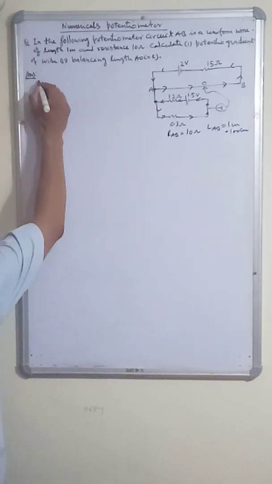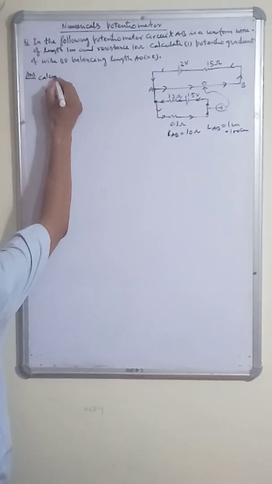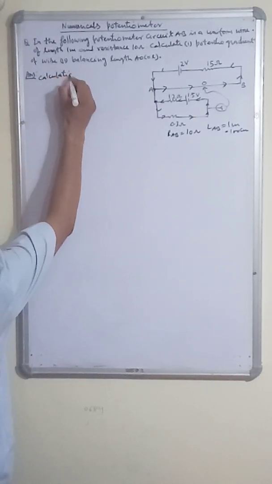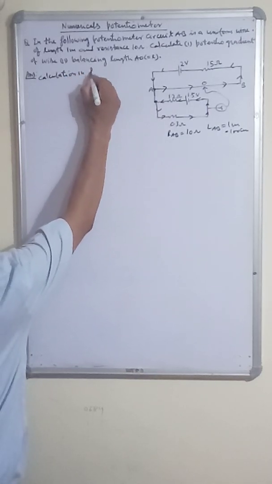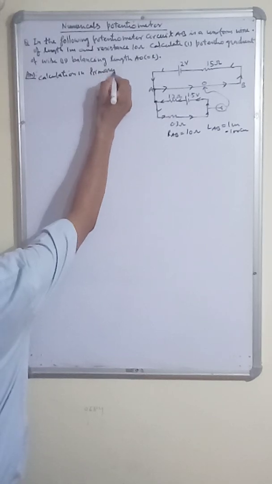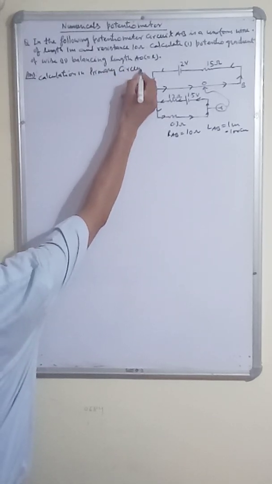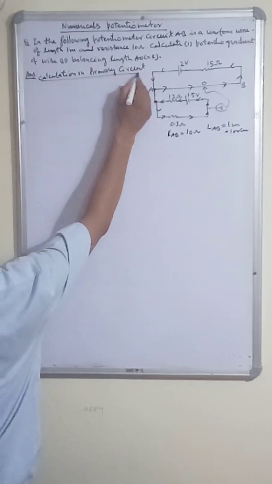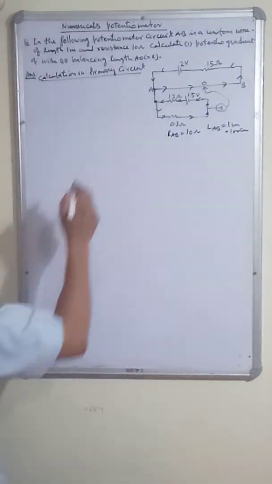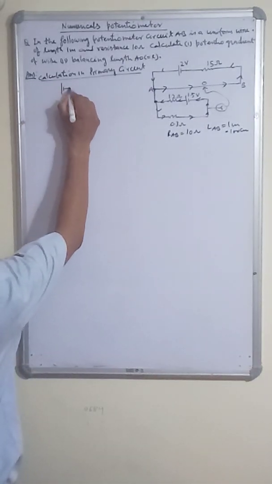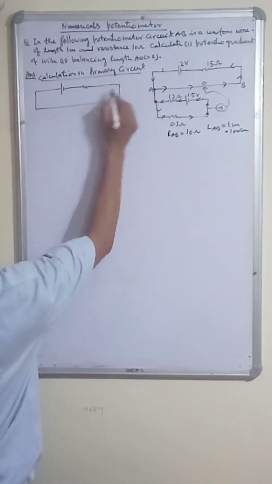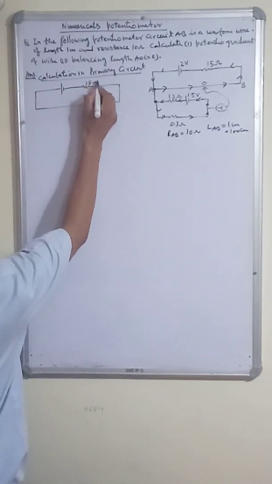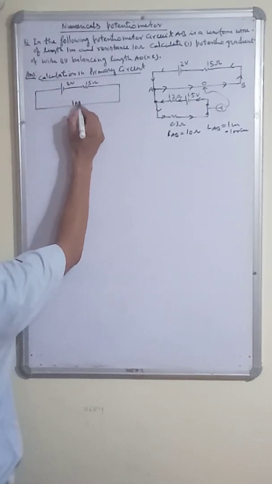So first of all we write the calculation in the potentiometer circuit, in the primary circuit. Although this is not the standard terminology, here I take it so. This is the cell and its resistance. This is 15 ohm, the cell is 2 volt, and the wire resistance is 10 ohm.